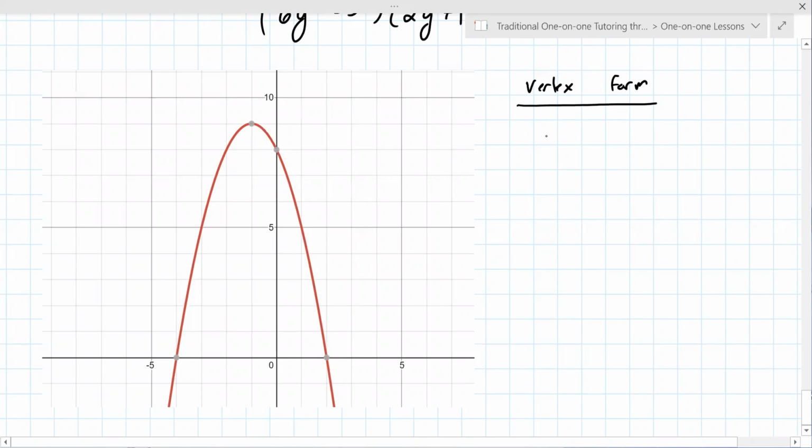The vertex is either the min or the max, depending on the graph. See how this has a max right here? That occurs at -1, 9.